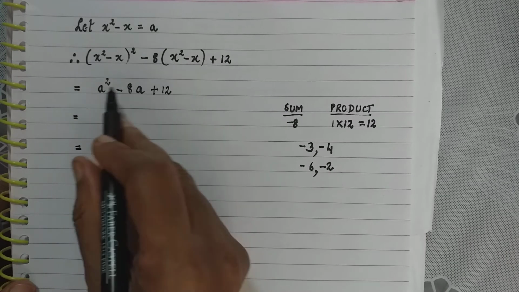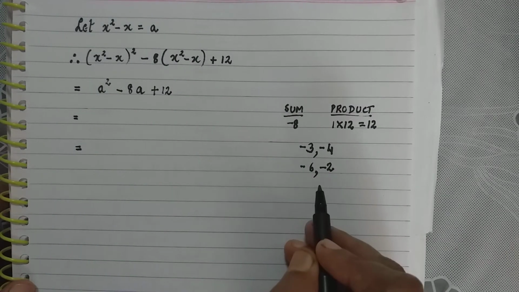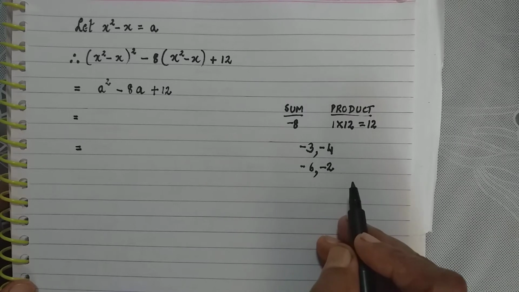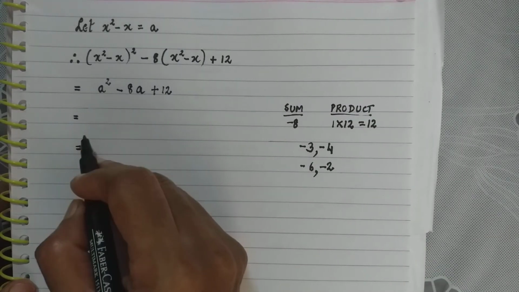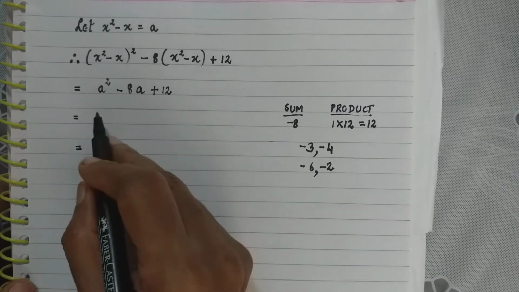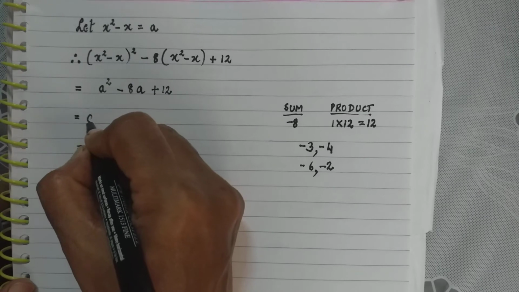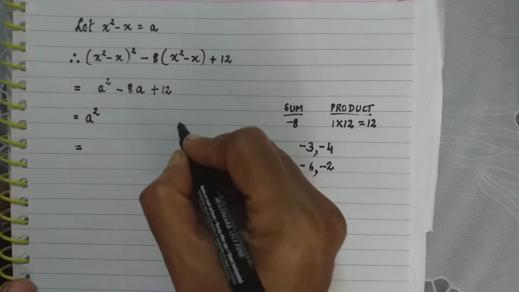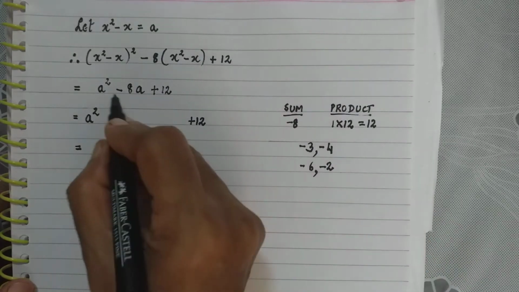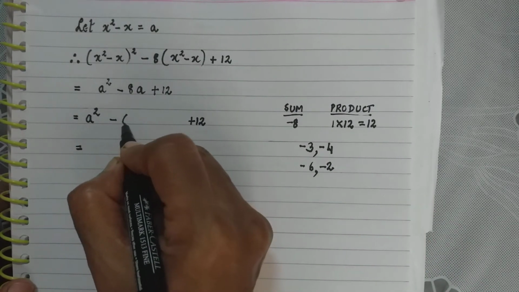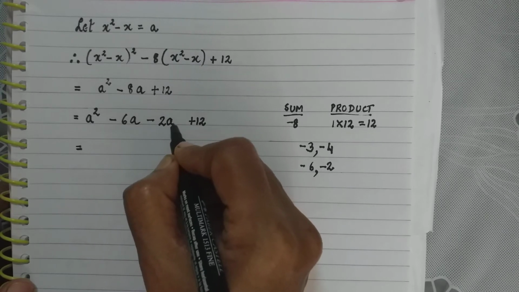So now we can split minus 8a into minus 6a and minus 2a. And when we split, the first term and third term are written as it is. So a square is written as it is, plus 12 is written as it is, and minus 8a is split into minus 6a minus 2a.